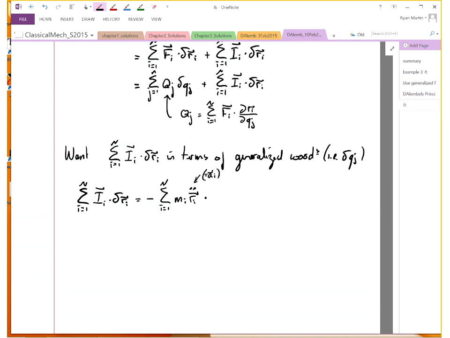So it's m_i r_i double dot vector. Now delta r_i I'm going to express in terms of the delta q_j.